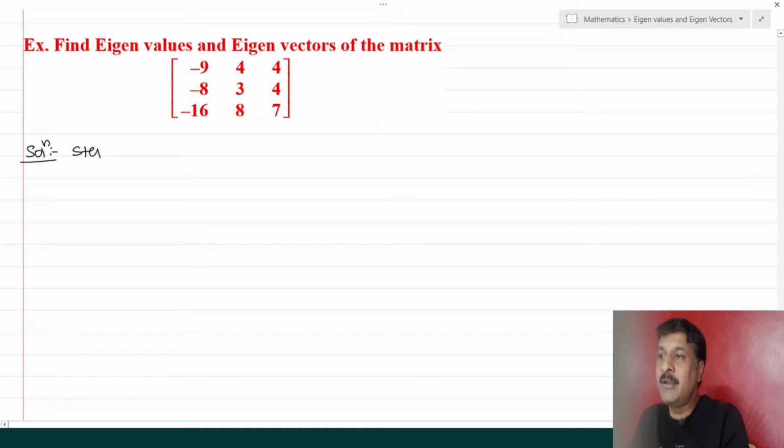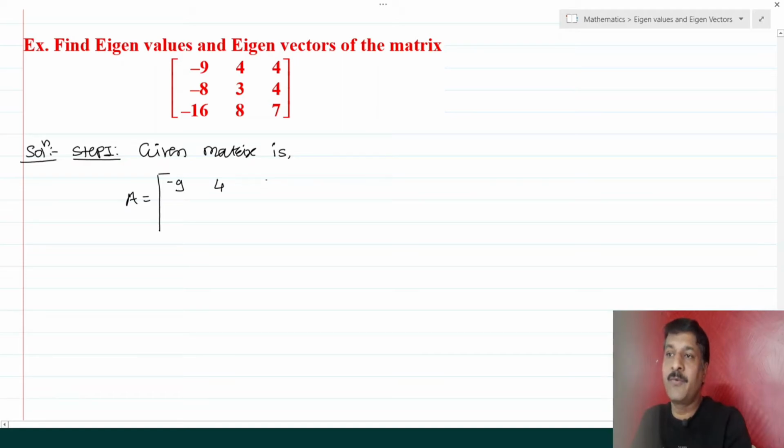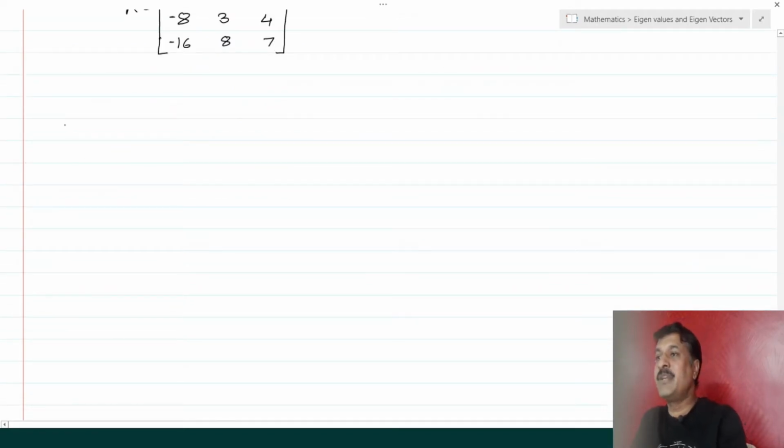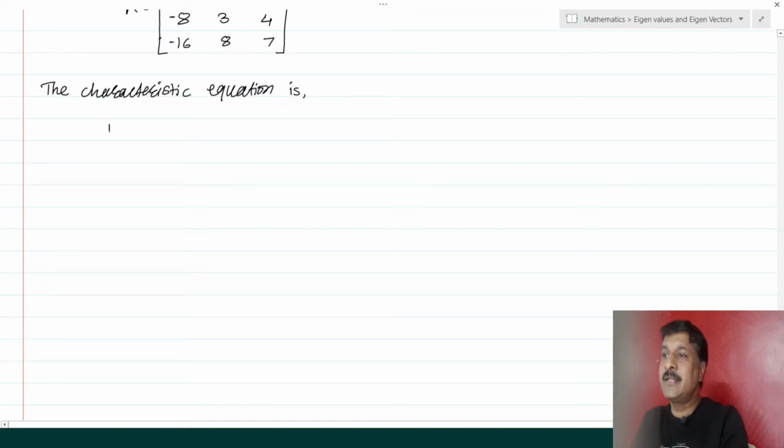Step number 1. Given matrix denoted by A: minus 9, 4, 4, minus 8, 3, 4 and minus 16, 8, 7. The characteristic equation is the determinant of A minus lambda I equal to 0.